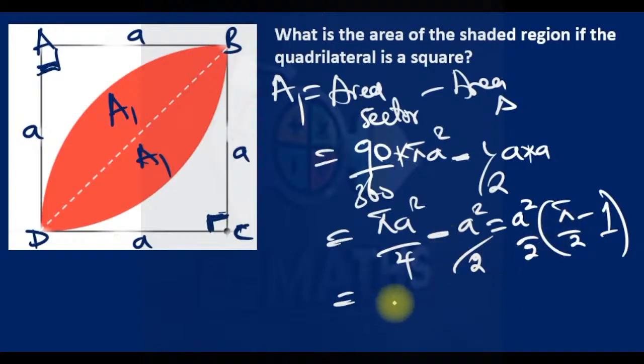And pi is 22 over 7. So we have A squared over 2 times, 22 over 7 over 2, 2 and 22 is 11, so 11 over 7 minus 1.